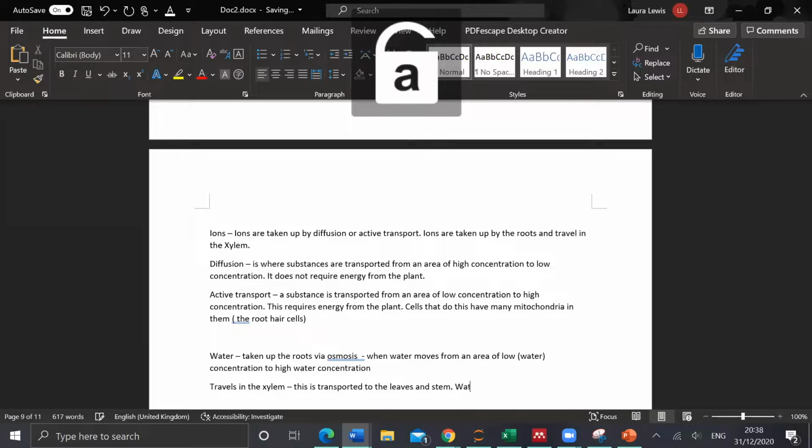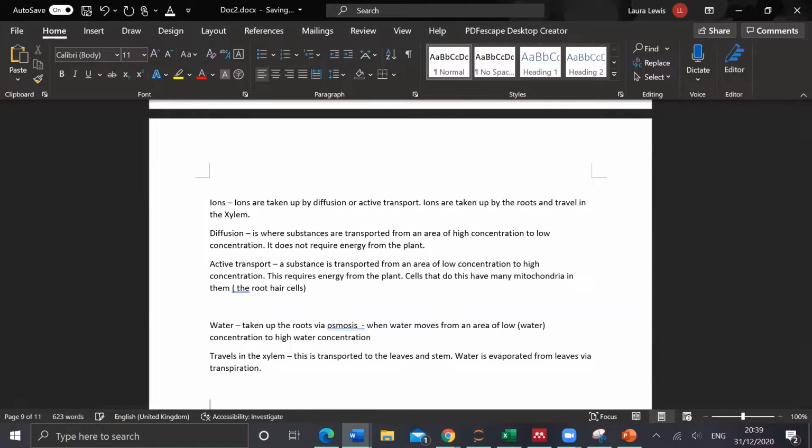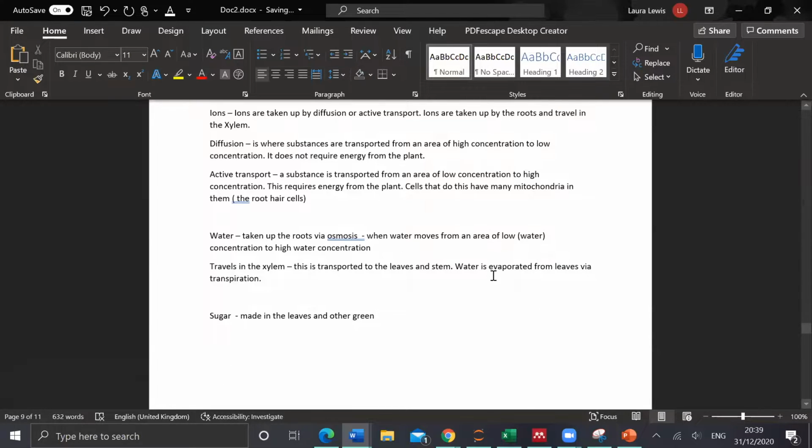Water is also evaporated from leaves via transpiration. And sugar is a little bit different. Sugar is made in the leaves and other green parts, so a little bit in the stem as well.